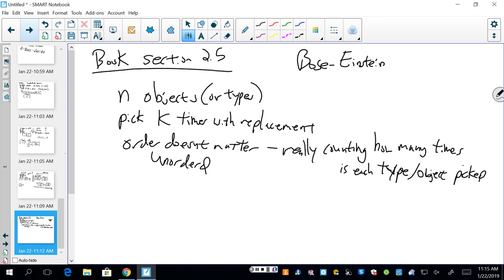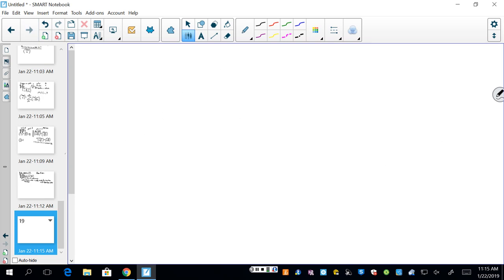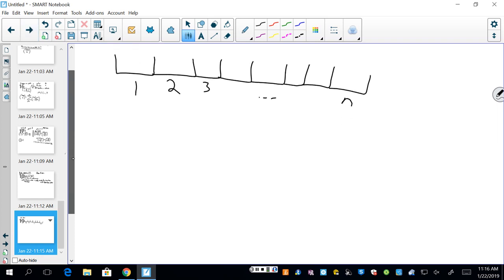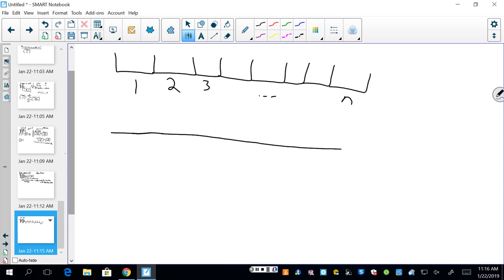One way of phrasing this is to set up bins or little boxes. We're going to put them beside each other. So here's number 1, number 2, number 3, dot, dot, dot, right up to n. And we're going to drop the outside lines from this picture. We're going to keep the inside ones, but drop the ones that are outside.